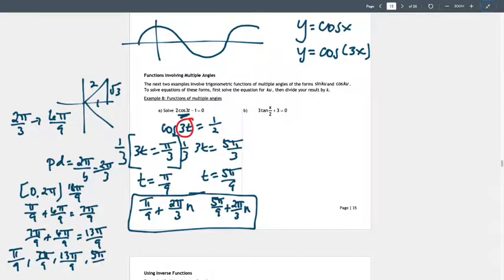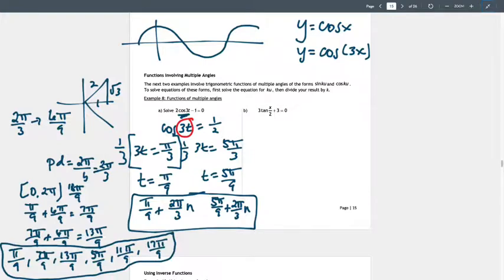Again, I'm going to add 6 pi over 9 to that, so that'll be 11 pi over 9. And then add 6 pi over 9 to that, and I get 17 pi over 9. So I thought I only had 2 answers, but because we changed the period, I have 3 times as many, so I have 6 answers if I'm doing it from 0 to 2 pi. Otherwise, you just have to take the answer you get and add the period to it for both of them.